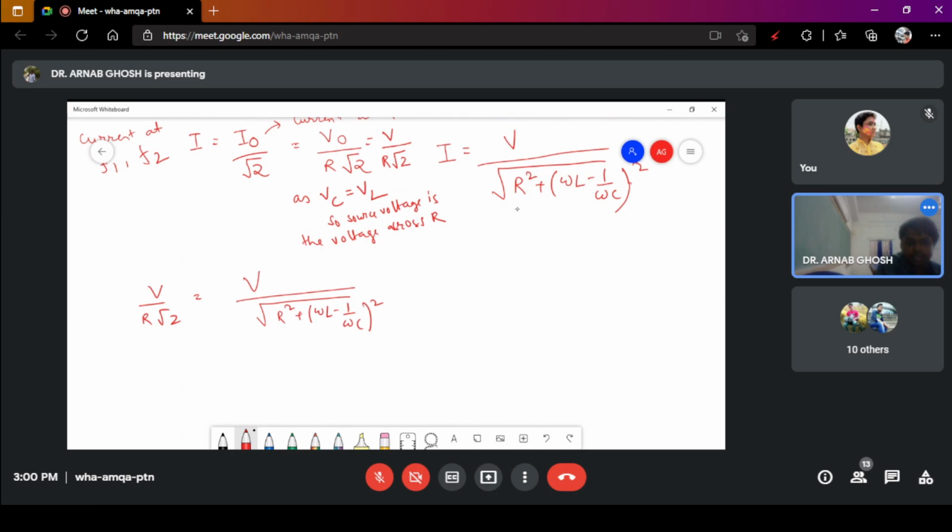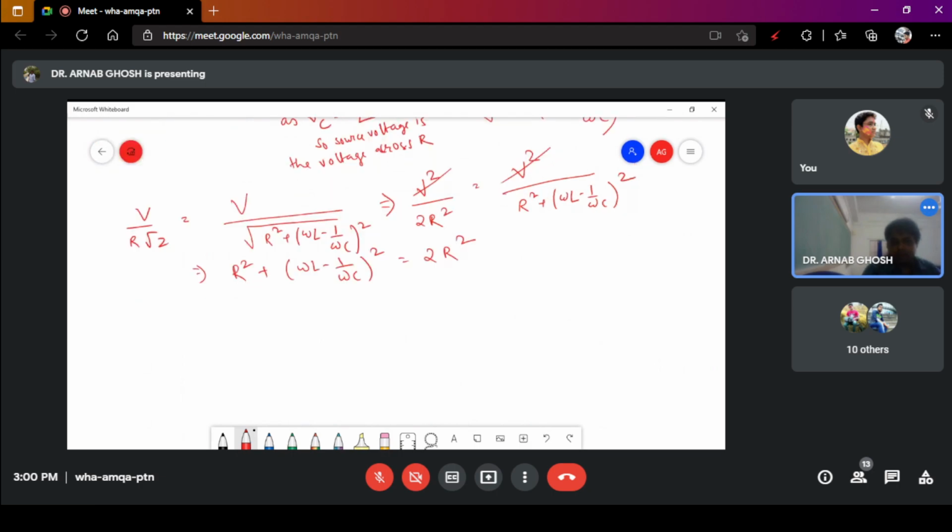So this comes out as (omega L minus 1 by omega C) whole square is equal to R square. Is this okay? Yes, sir.